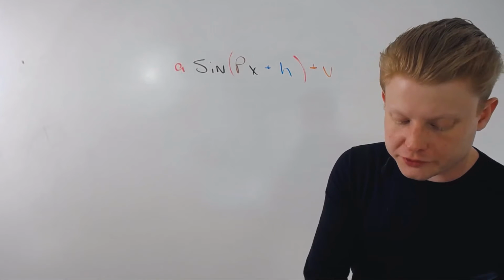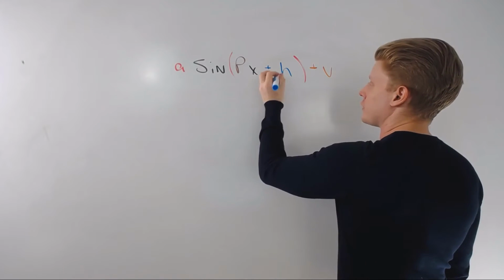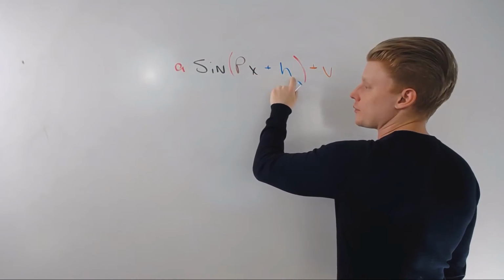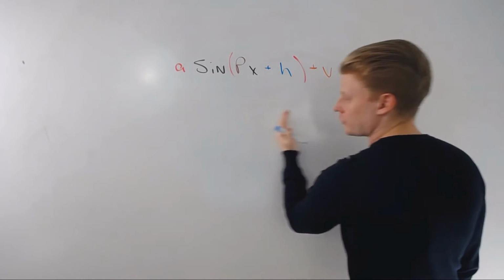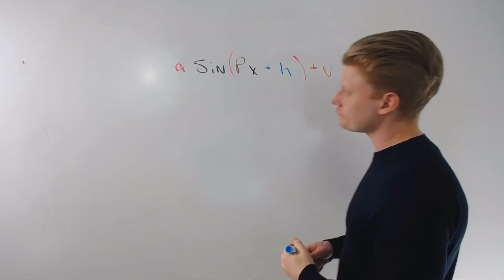These parts in particular remind me quite a bit of algebraic functions. This is inside the function. The same thing is happening to x as is happening to this h, this horizontal shift. That's the same as horizontal shifts in algebraic functions. Check that out if you want. Outside is the vertical shift.